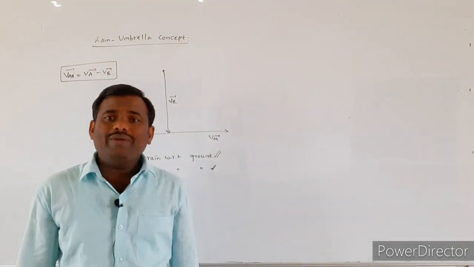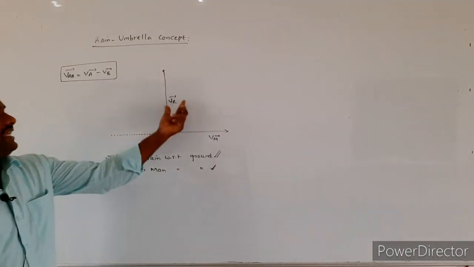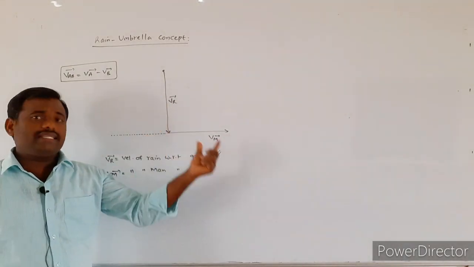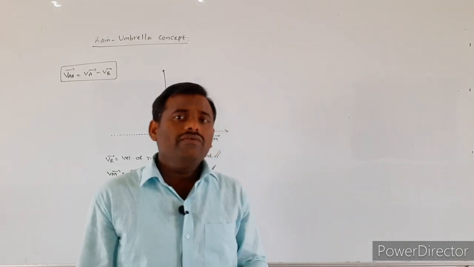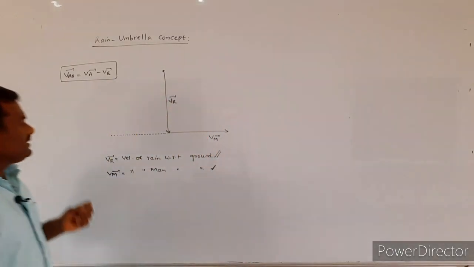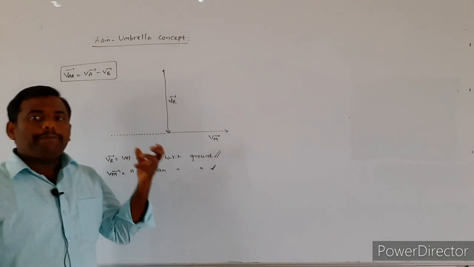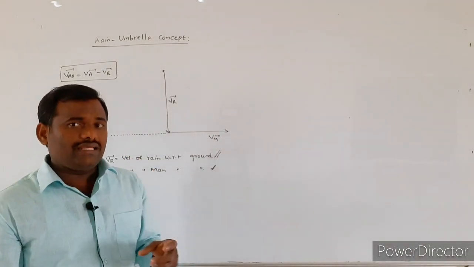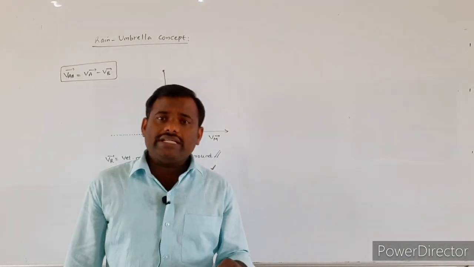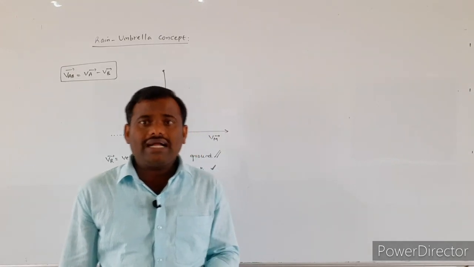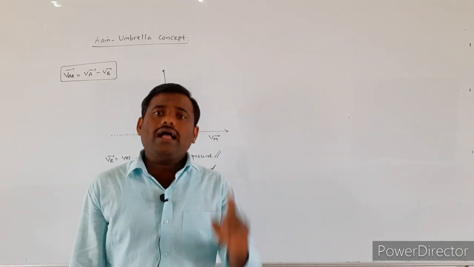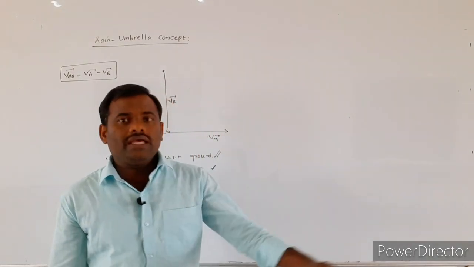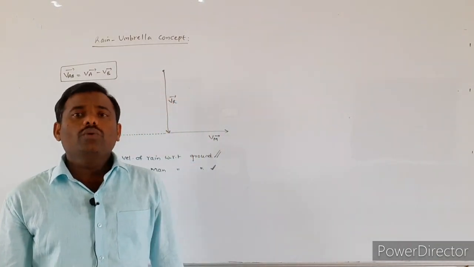Now, I want to measure the velocity of the rain with respect to the man. That is nothing but the apparent velocity of the rain. The relative velocity of rain with respect to man is also called the apparent velocity of the rain with respect to the man who is moving in the horizontal direction.